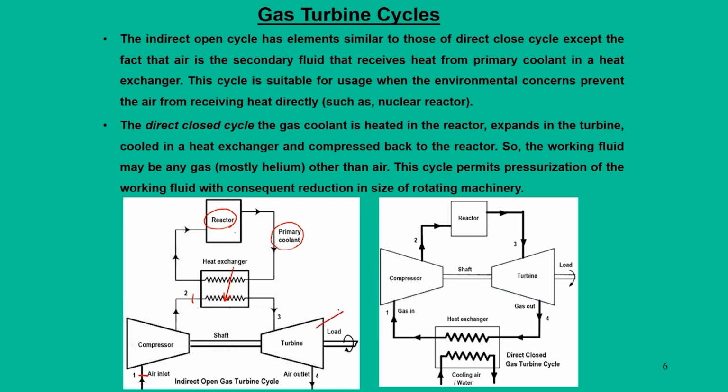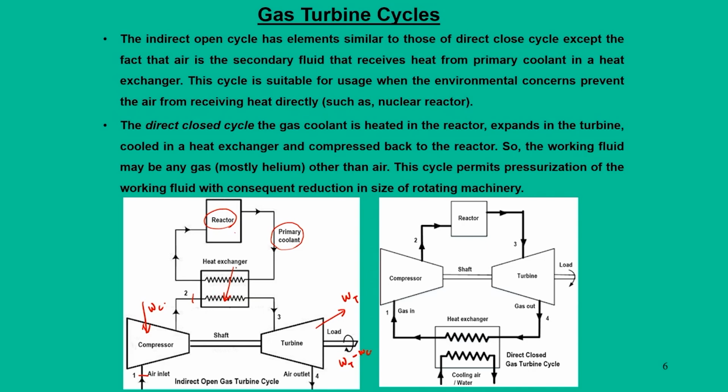The load requirement is again the same, W T, and W C is the compressor work. The difference between them, W T minus W C, is the work that is produced.